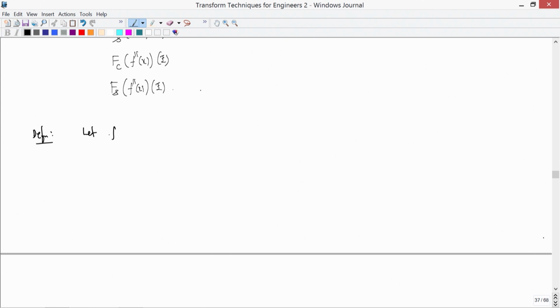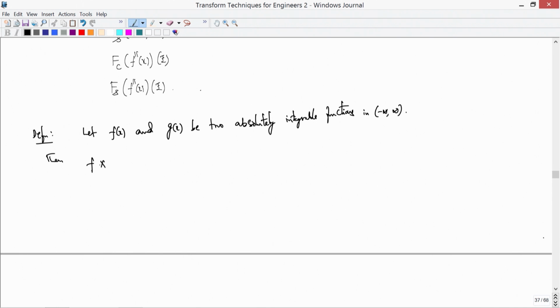Let f of x and g of x be two absolutely integrable functions in minus infinity to infinity, then f star g, the convolution product, which is a function of x, we define as the integral of f of x minus y into g of y dy, which is a function of x.